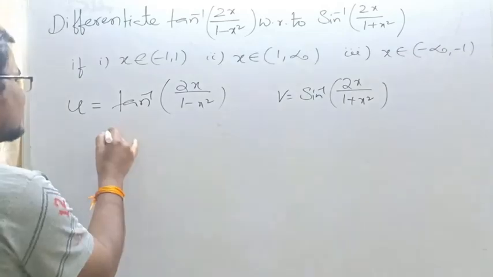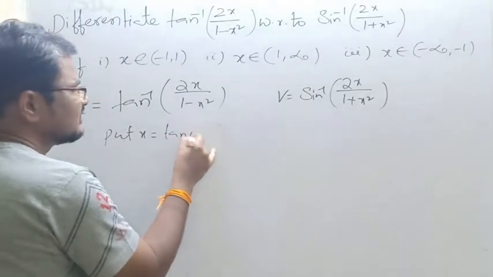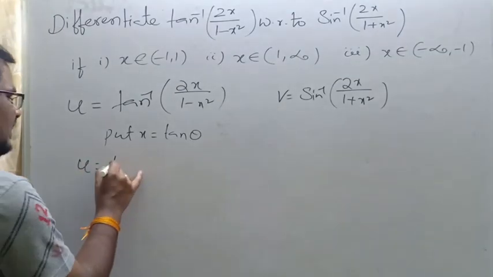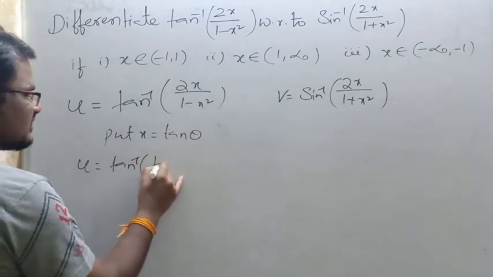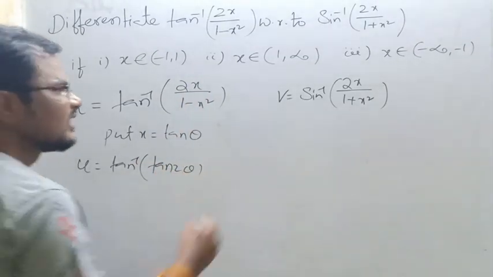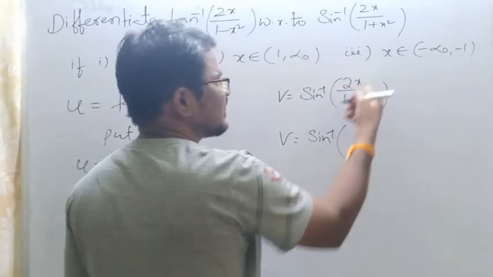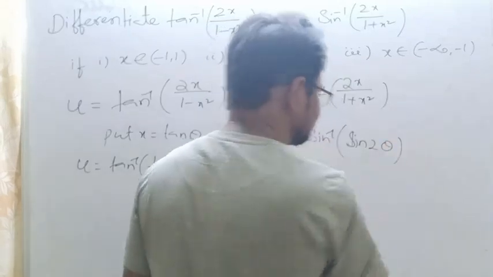Now here what is our substitution? Put x equal to tan theta. Now u equal to tan inverse of 2 tan theta by 1 minus tan square theta, which is tan 2 theta, and v equal to sine inverse of 2 tan theta by 1 plus tan square theta, which is sine 2 theta, right?